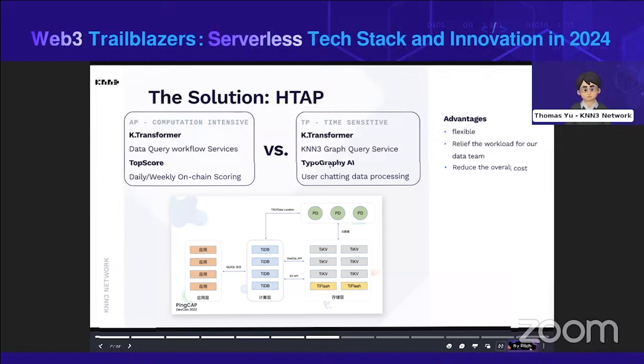So before we knew PingCAP or HTAP's architecture, normally in a mature company, they would build two different layers to handle this. One is for those computation resource intensive purposes, and one for real-time purposes.